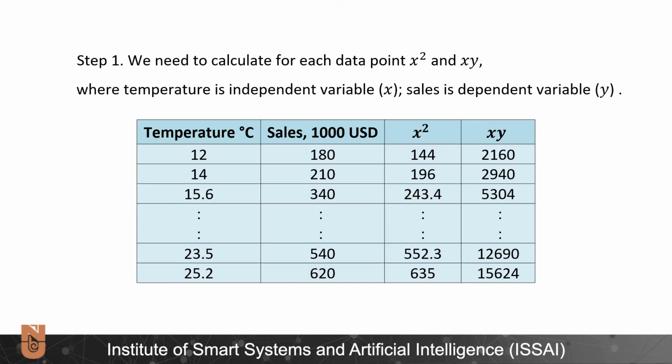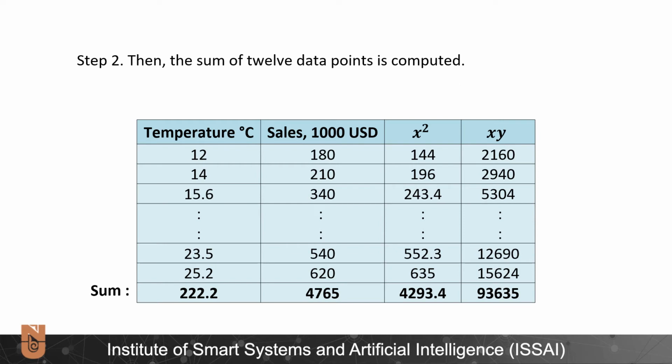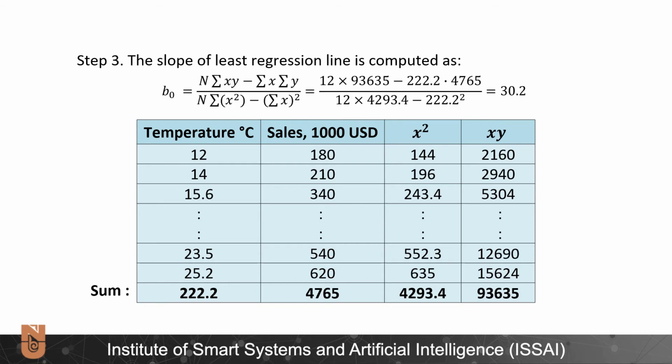Now, let's make some calculations. Step 1. We need to calculate for each data point x squared and xy. Step 2. We find the sum of those calculated values. Step 3. The slope of least regression line is computed as follows, and in our case it's equal to 30.2. Step 4.